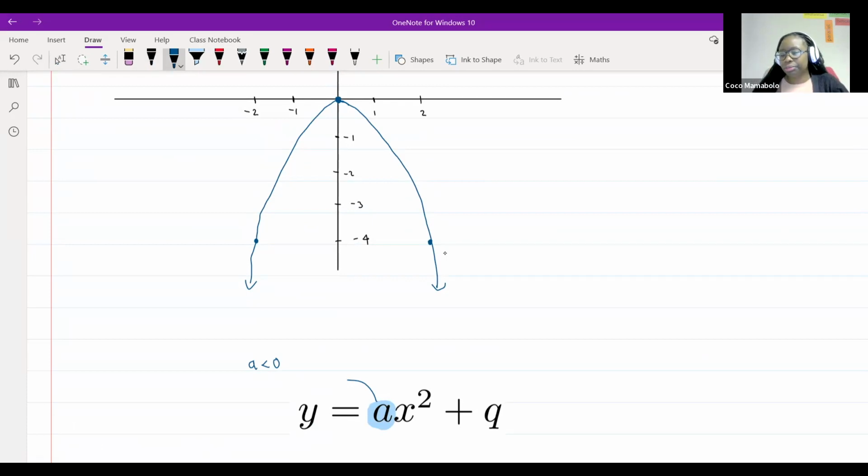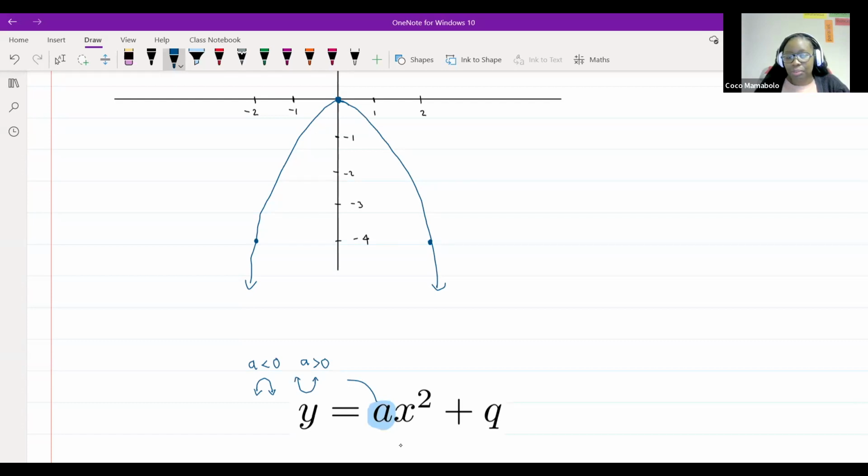You can even give me an example. Good, they're negative values. So if this value for a is negative, my graph will frown. And if a is greater than 0, that will give us positive values. My graph will smile at me.